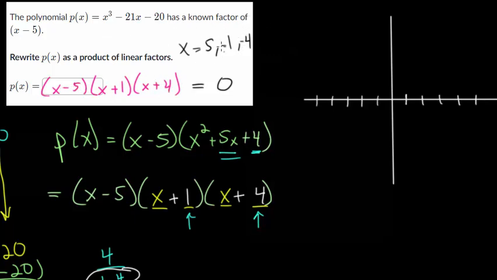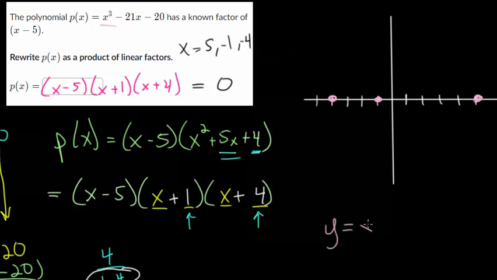So we'd be able to graph at least these points on our polynomial. So we can plot these at 5, so right here, at -1, and at -4. So we know our zeros. And then when you learn about the end behavior of polynomials, this polynomial is going to behave like a cubic, and the end behavior for this is going to look just like a normal cubic function.